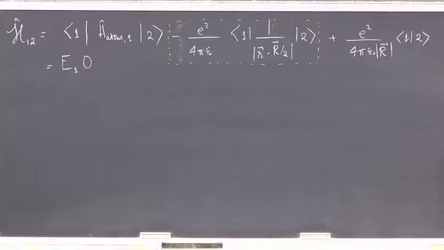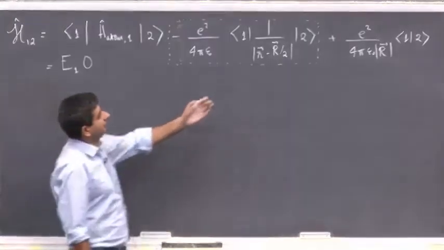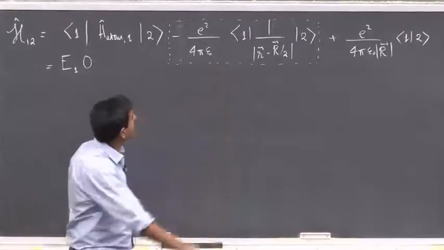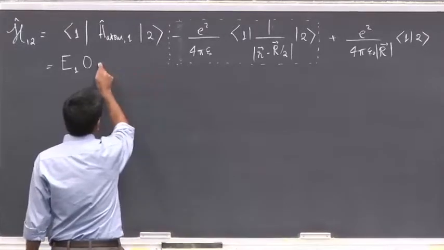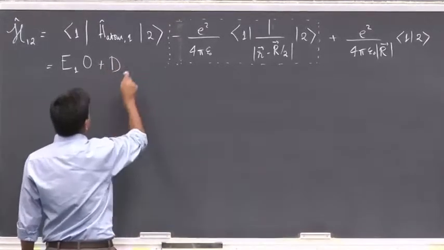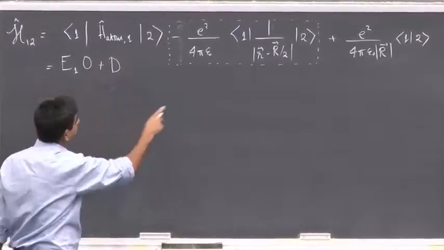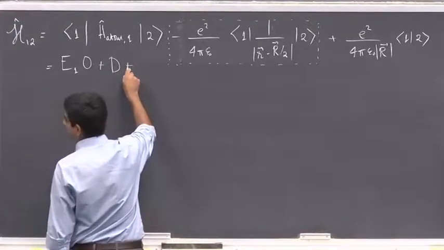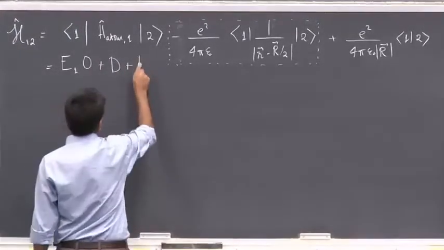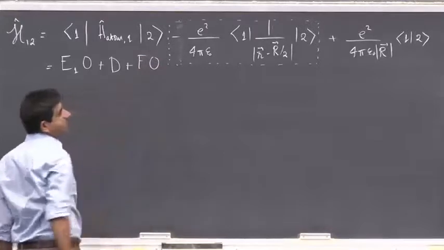Now this term is different from this term, so let's label this term, say, D. And once again I have an F with an O.